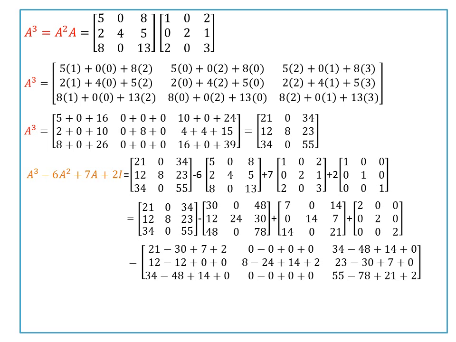Third position: 31 minus 48 plus 14 plus 0. Similarly, we can take the other elements. Then by simplifying, we get A cube minus 6A square plus 7A plus 2I equal to the zero matrix [0, 0, 0; 0, 0, 0; 0, 0, 0].